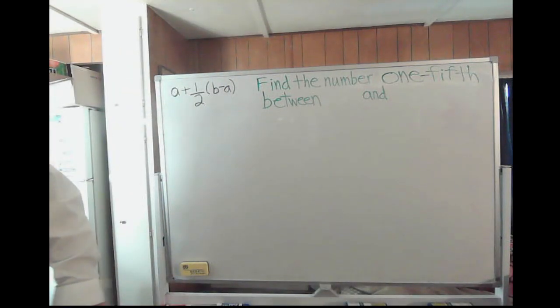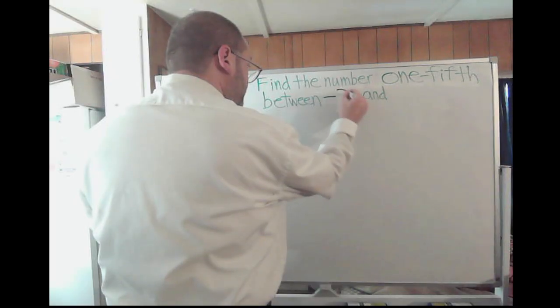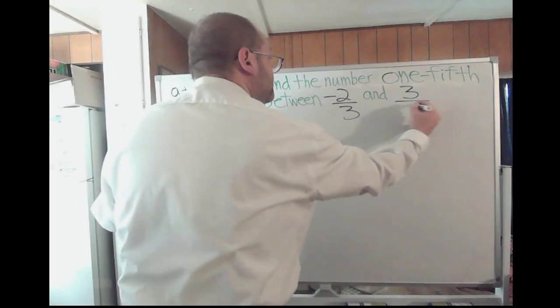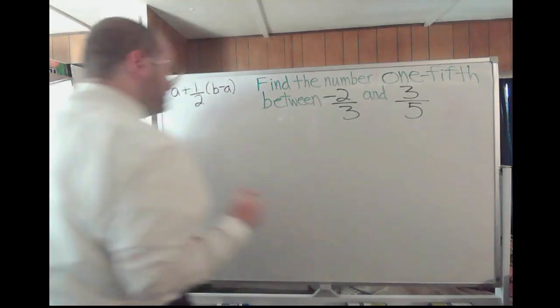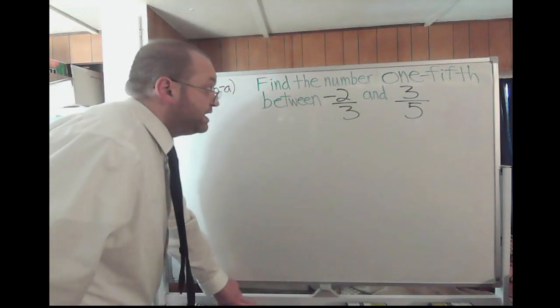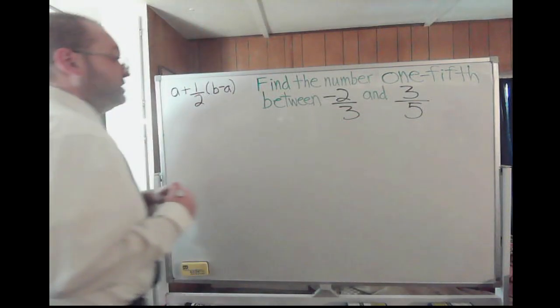Those two numbers that have been assigned to us are -2/3 and then +3/5. So we want to find the number that is 1/5 of the way between -2/3 and 3/5.